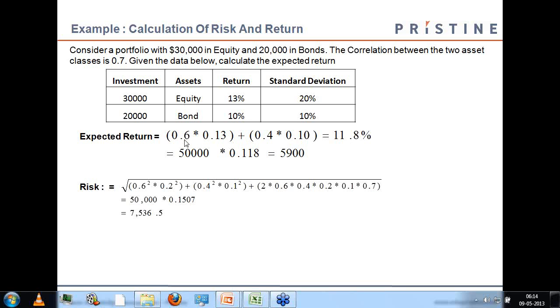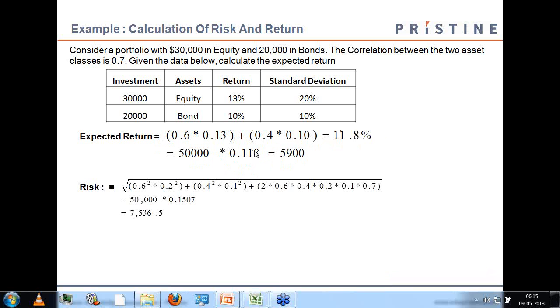So to calculate the expected return, we'll multiply the weight of equity with the return of equity, that is 13%, right? And we'll multiply the weight of bond with the return of bond, that is 10%, and sum the two results. So the expected return is 11.8%.